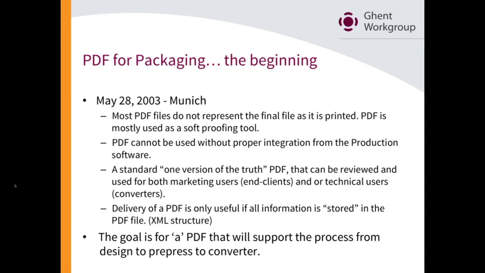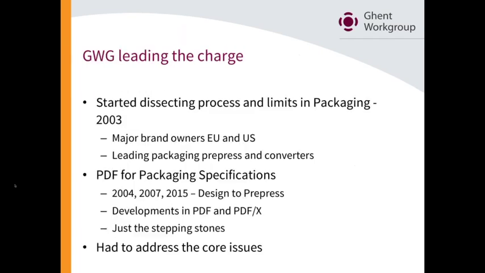And basically, our goal was to get a PDF file that will support the process from design to prepress to converter, one PDF. And we started leading this charge back in 2003. We started working with major brand owners in Europe and in the US, and leading packaging and prepress converters.